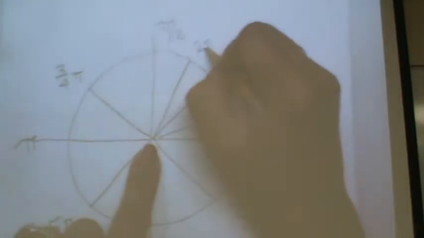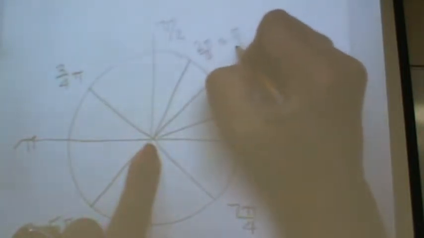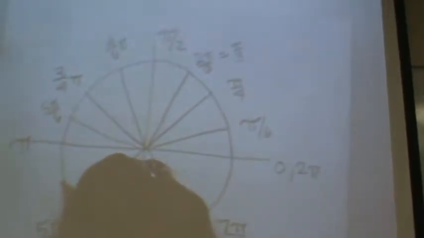Then let's do the thirds, or the 6. Pi over 6, 2 pi over 6, or pi over 3, 3 pi over 6, or pi over 2, so we have 1/6, 2/6, 3/6, 4/6, 5/6, 6/6, 7/6, 8/6, 9/6, 10/6, 11/6, and 12/6.